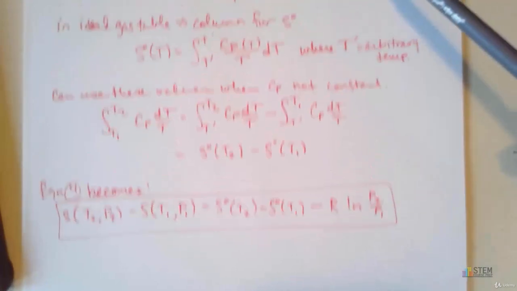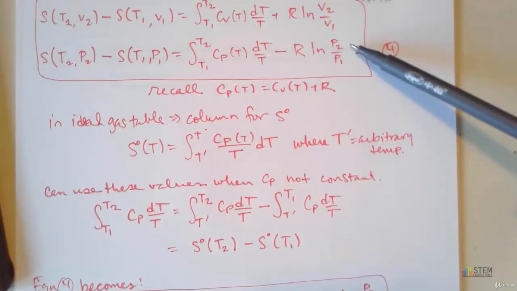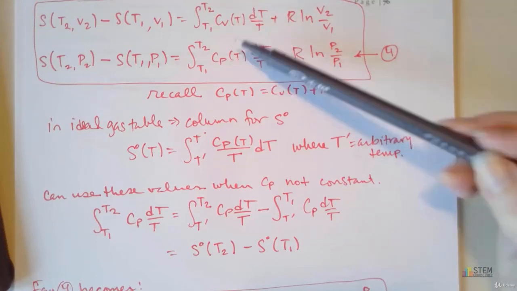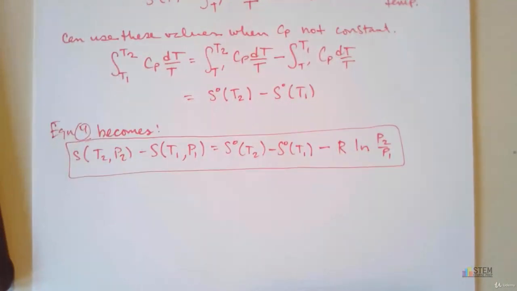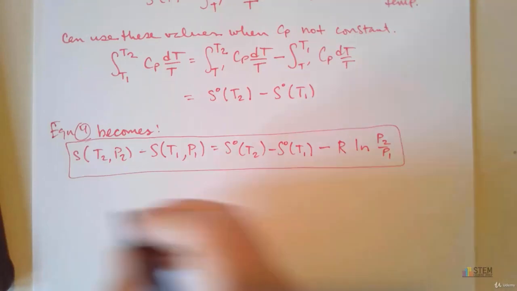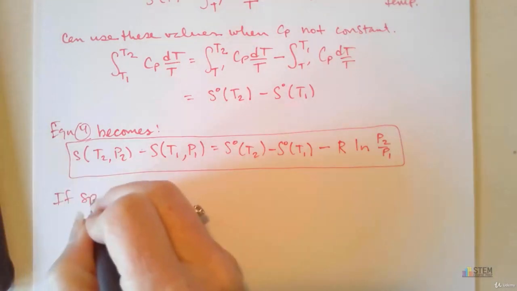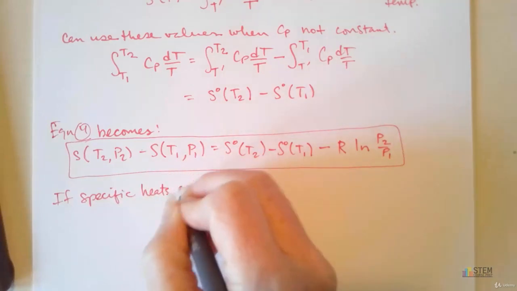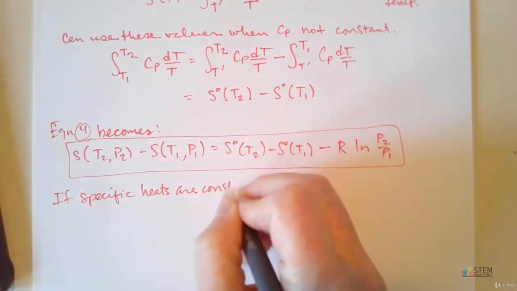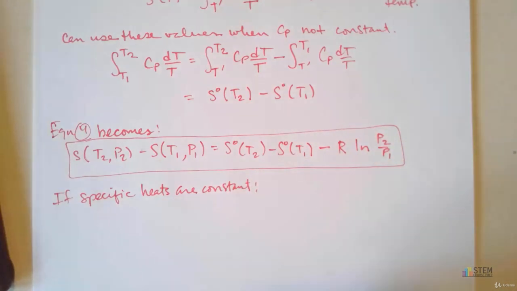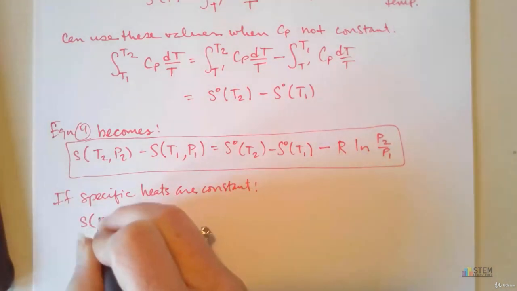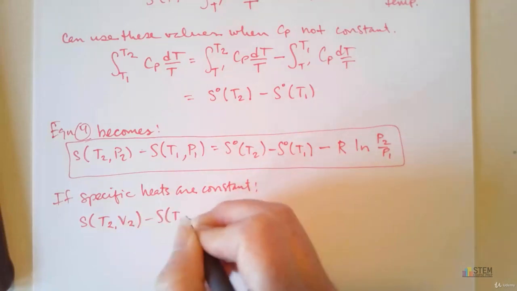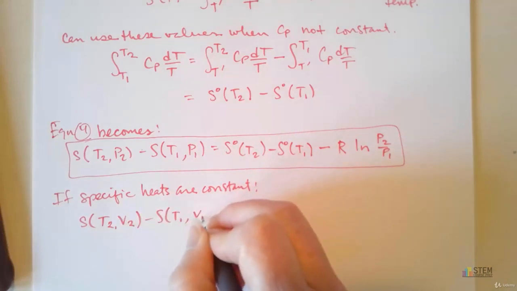Now, these equations up here assume that Cv and Cp are possibly changing. If they are constant, then it's easier. So if our specific heats are constant, then you'll have the entropy at state 2 minus the entropy at state 1.